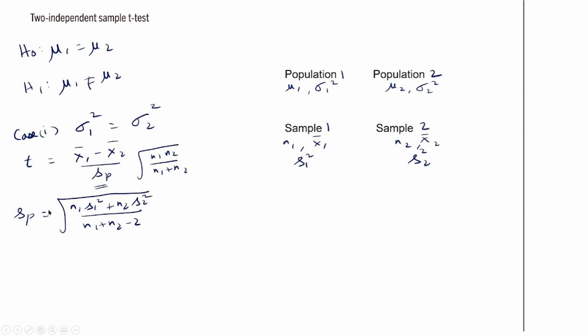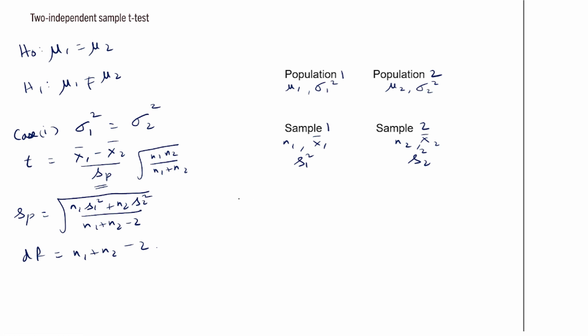So this is the test statistic that has to be used when the population variances are assumed to be equal. And the degrees of freedom in this case is n1 plus n2 minus 2. So this is the degrees of freedom if the population variances of the two populations are assumed to be equal.